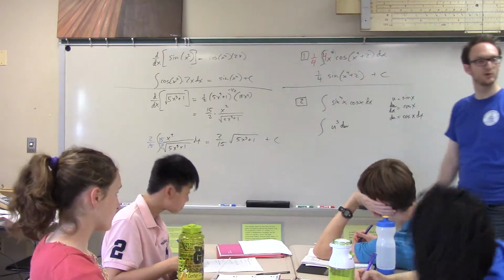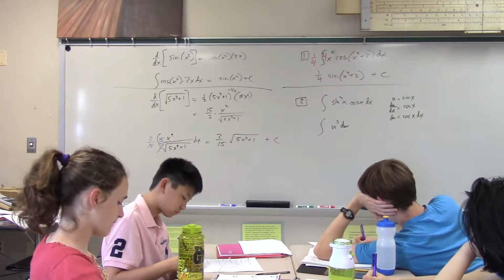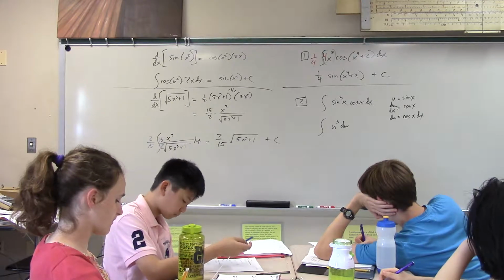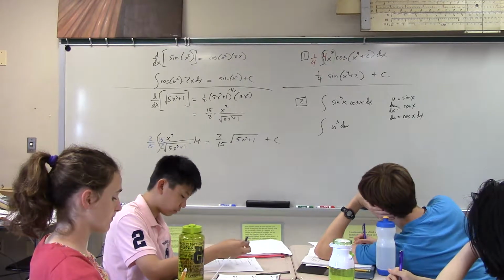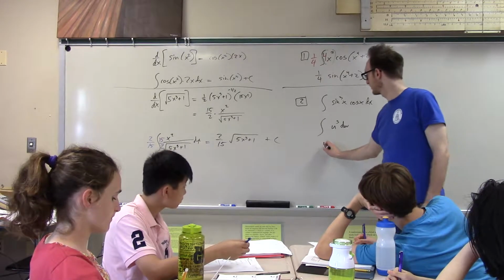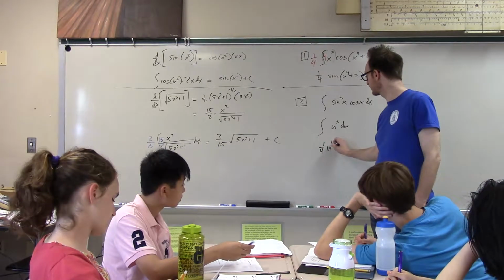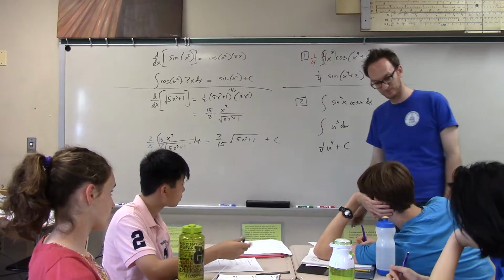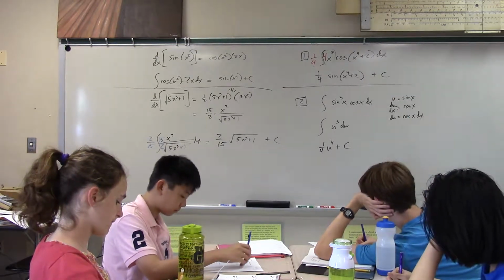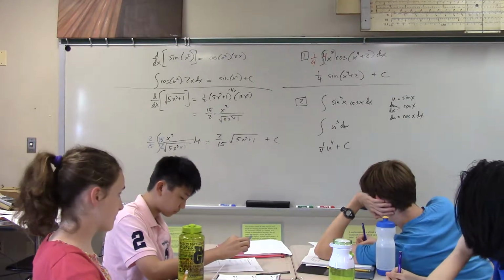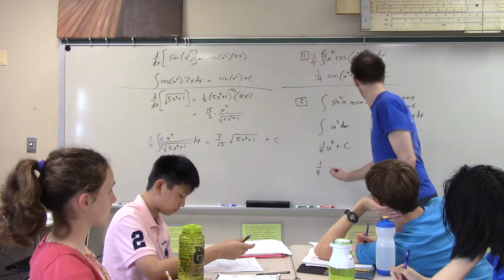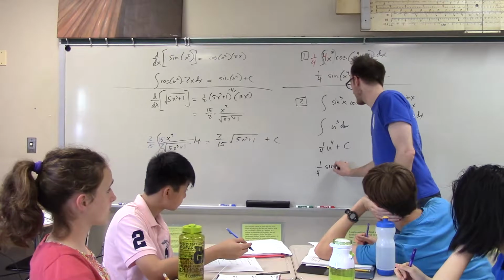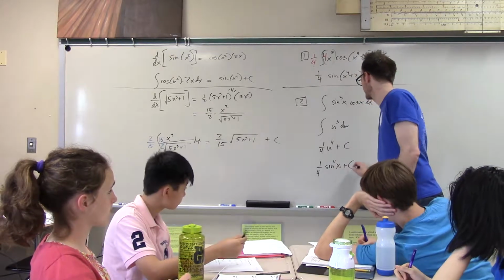So now it's just a u cubed du problem. What is the antiderivative of u cubed du? 1/4 u to the 4th plus c. Right? And so the actual final answer is 1/4 sine to the 4th x plus c.